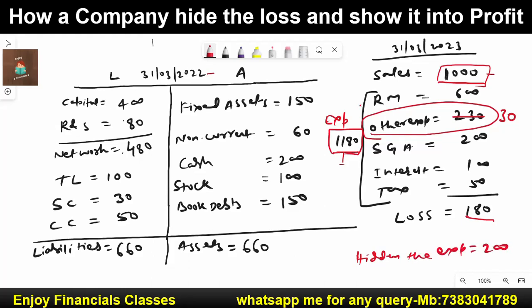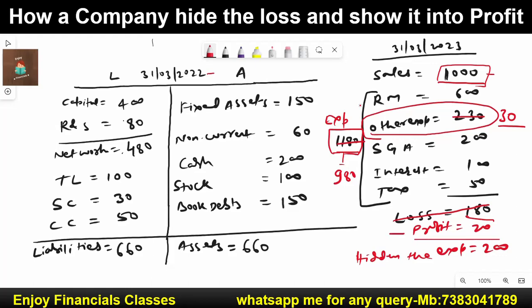Since the company has not shown the expenses of 230, it has just shown the total other manufacturing expenses of 30 only. Because of this, the total expenses have been reduced from 1180 to 980 rupees. And because of this, the company will show a profit of how much? 20 rupees. So now you see this company has shown a profit of 20 rupees.